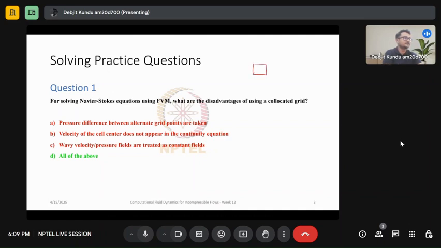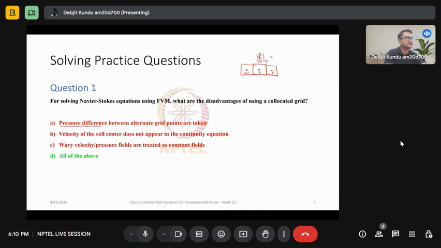So for a co-located grid, let's say like this. Now, the first point, pressure difference. So, if we want to find out dp/dx over here at say P, this is point P, not pressure P, and we have one east cell and one west cell.